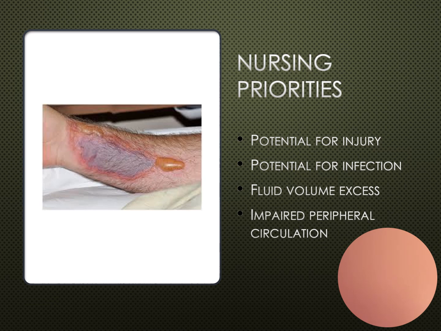Potential for infection can be from cannula irritation, medication irritation, non-adherence to aseptic technique, etc. Fluid volume excess can occur in clients that have impaired renal or cardiac functions. Any infusion in which the client does not receive appropriate monitoring is also at risk. And impaired peripheral circulation can occur from emboli or thrombi.